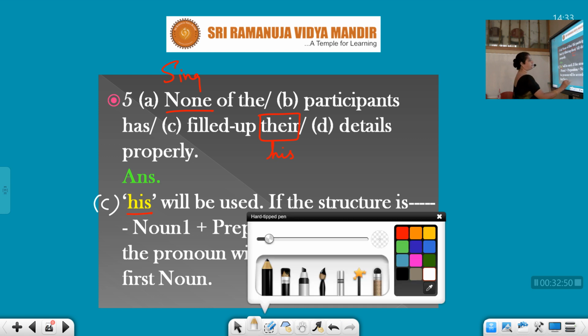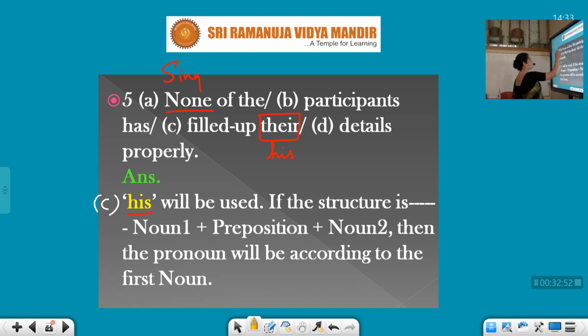What is the noun 1? None. What is the noun 2? Participants. I am not talking about all the participants, I am only talking about none. None of the participants means nobody. What is the meaning of none? Nobody. Nobody filled up his form. That's the meaning. So his is used over here.